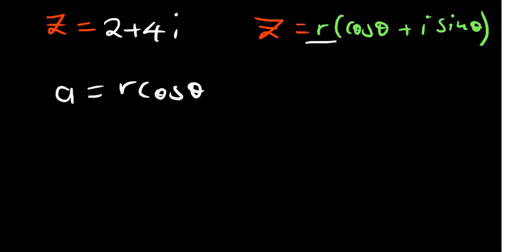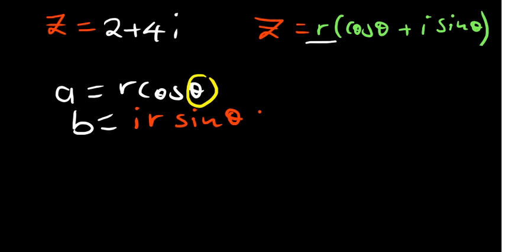Then our b is going to be r sine theta. So if you have your angle theta and your r, I'm sure you'll be able to find your a.